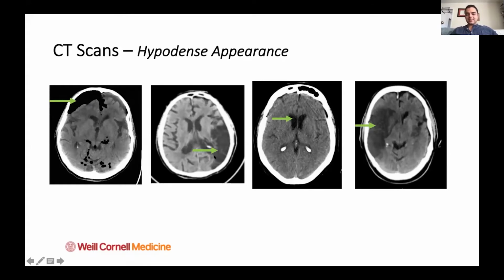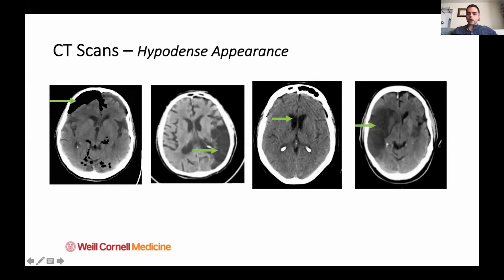Here you can see this is a little less attenuated than the air. So it's brain tissue, and it's likely showing an area of edema, cytotoxic edema potentially, maybe even stroke. It's a posterior MCA territory here that we're seeing. So here it's pointing to the CSF, which is closer to water.